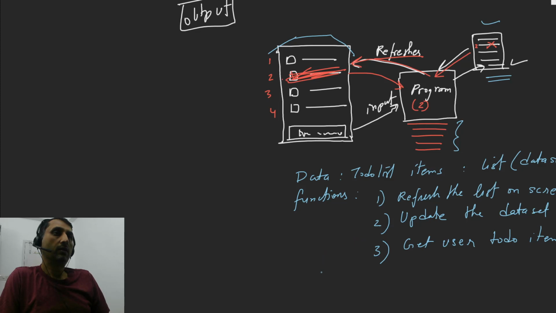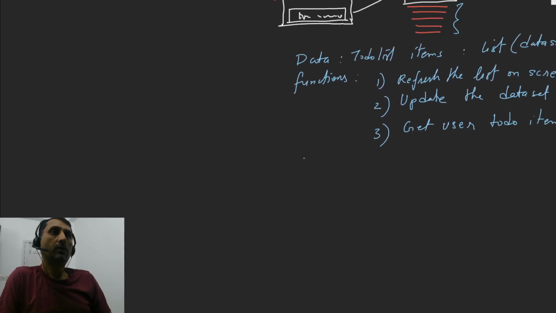Then there can be states. States can be the list state. State is basically the value of the data at a given point of time.